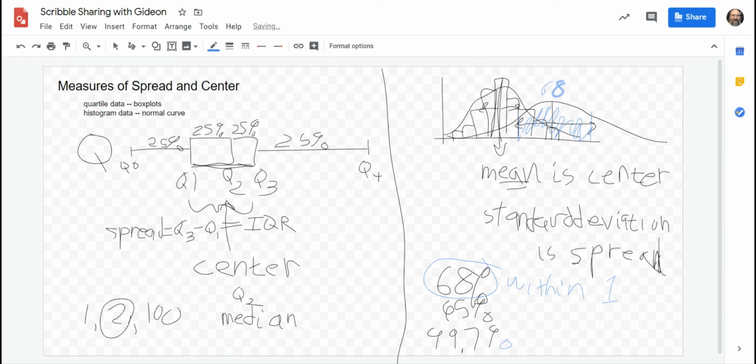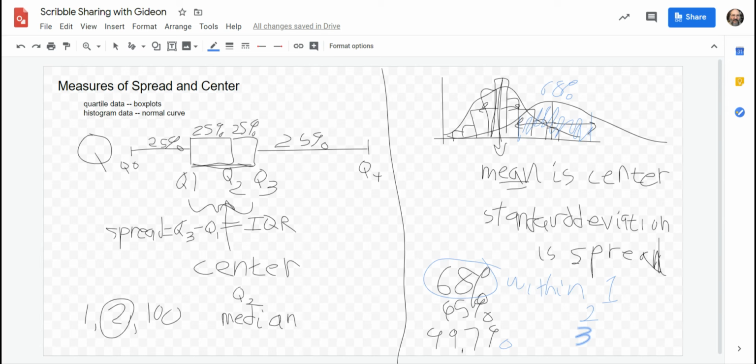That's called the rules of thumb or the empirical rules for normally distributed data. And we have further rules. If it's within 2, then you're going to have 95% of the data. And if it's within 3, you're going to have 99.7% of the data. And remember, within means both directions. So for example, let's go back to 68% within 1, right? 100% minus 68% gives you 32.